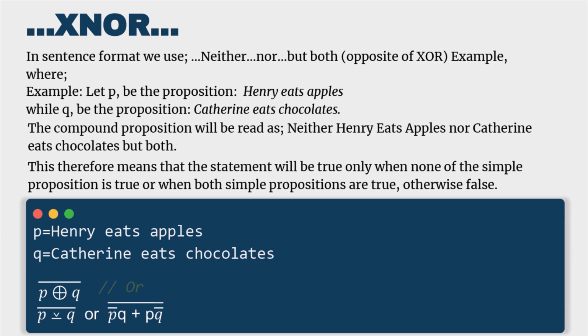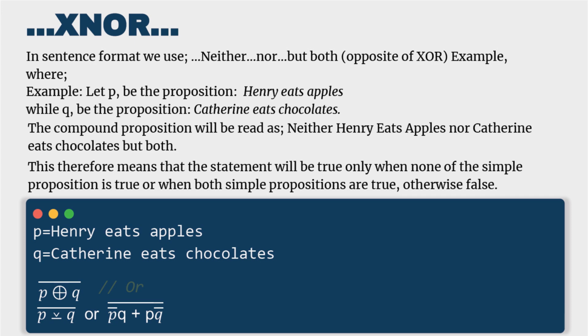So with its uniqueness of being the opposite of the XOR, it means that whatever was true in XOR becomes false. Okay? You can also call it the truth table of equivalence.